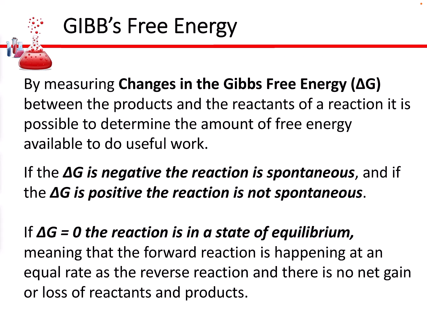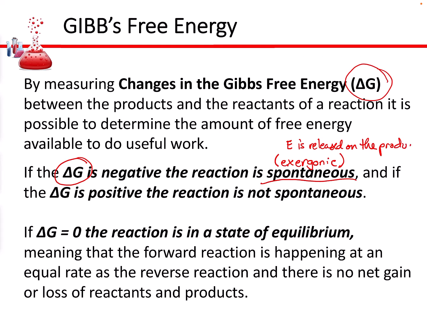And if we look at changes in the Gibbs Free Energy, that delta symbol or that triangle means change. And so if we are looking at the change between the products and the reactants of the reaction, it's possible to determine how much free energy is available to do useful work. If our change in energy or our delta G is negative, the reaction is spontaneous. So remember, our spontaneous reactions are exergonic, and energy is released on the product side.